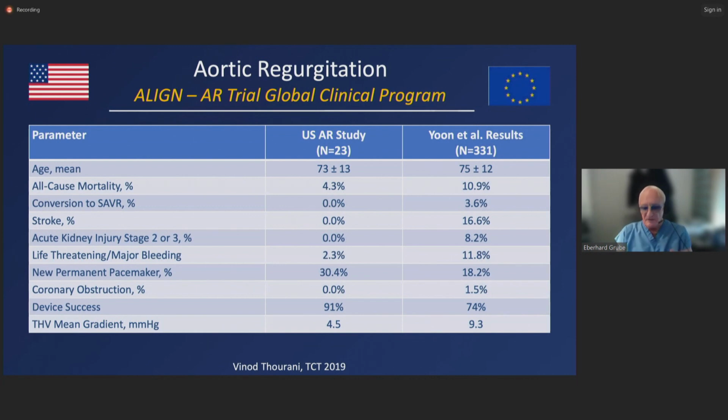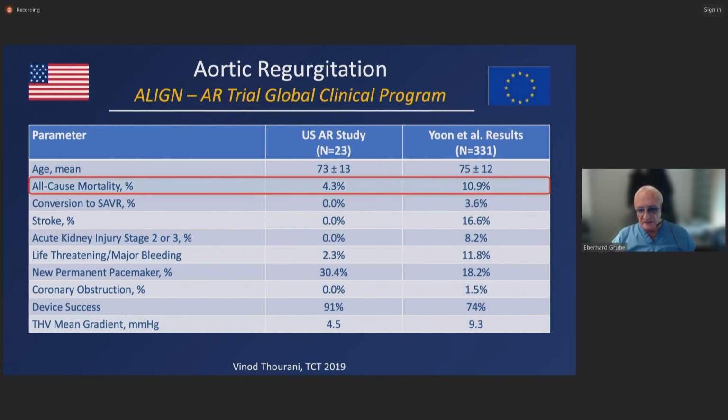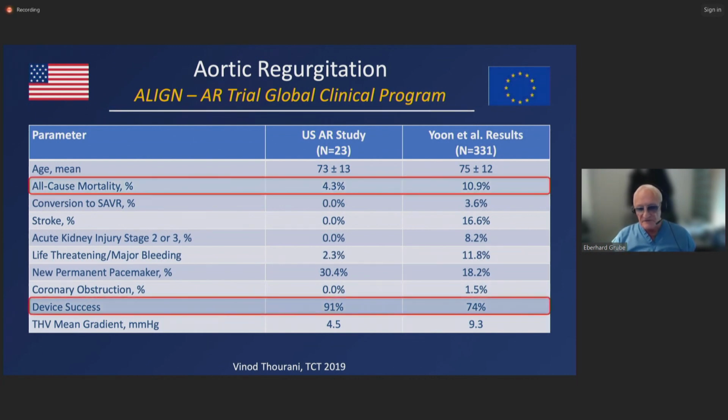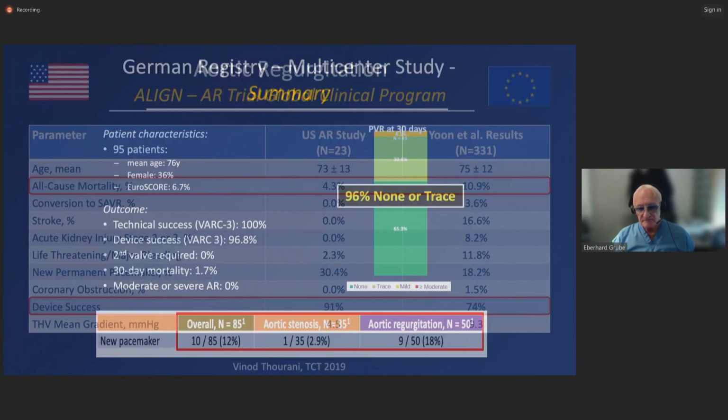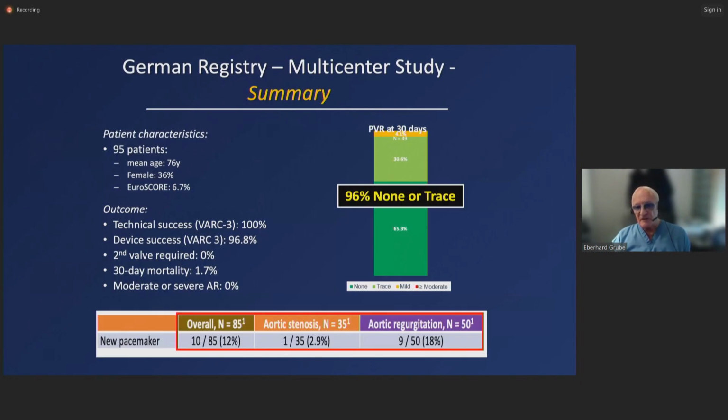The intermediate results show very low mortality rates and a very high success rate. This is an interesting summary of the German multi-center study with 95 patients: high technical success, no second valve required, 30-day mortality in the low single digits, here 1.7%, and no patient with moderate or severe aortic regurgitation.